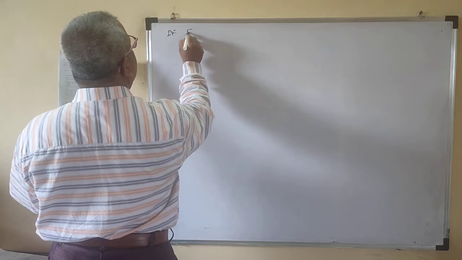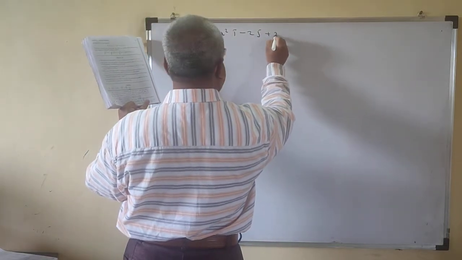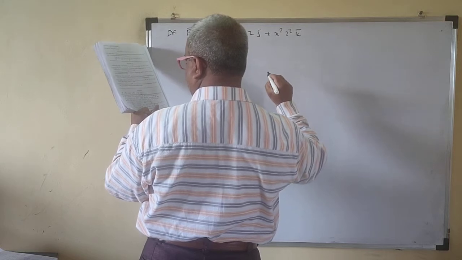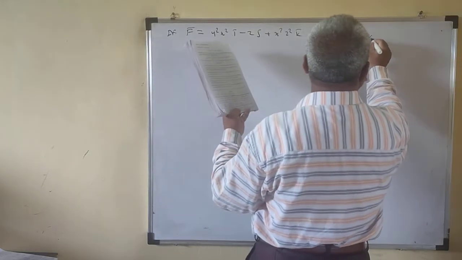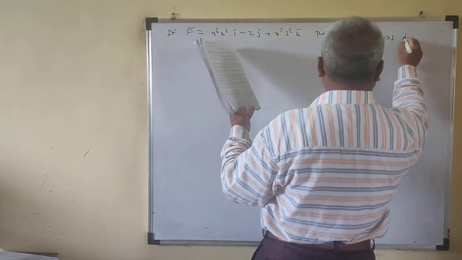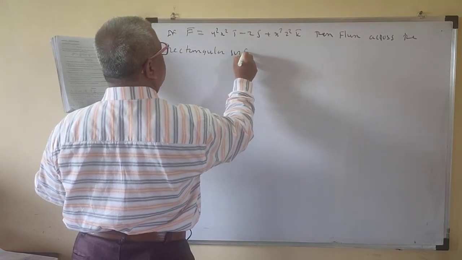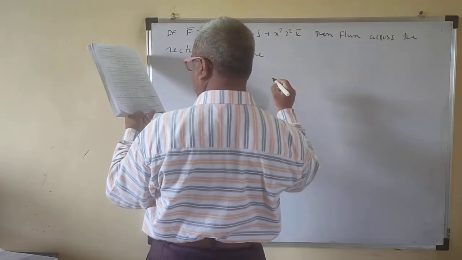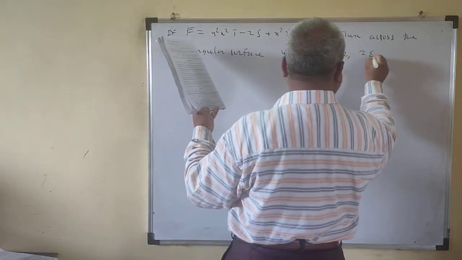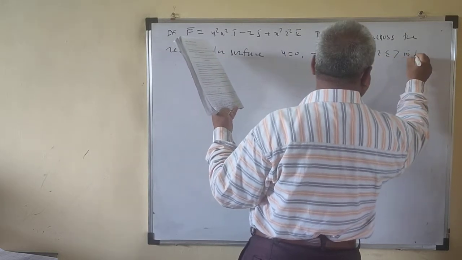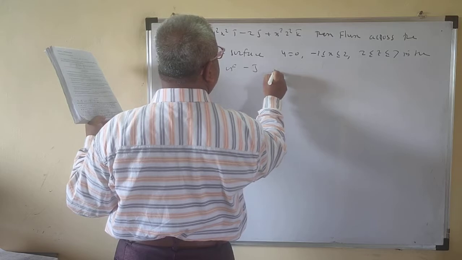So if f bar is equal to y square x square i bar minus 2j bar plus x square z square k bar, then the flux across the rectangular surface y is equal to 0, minus 1 less than or equal to x less than or equal to 2, 2 less than or equal to z less than or equal to 7, in the direction of minus j bar is.